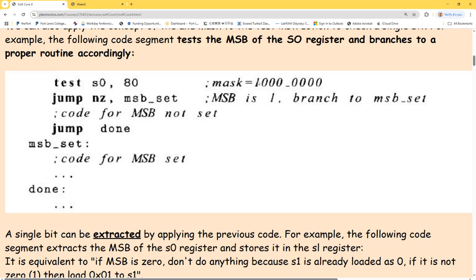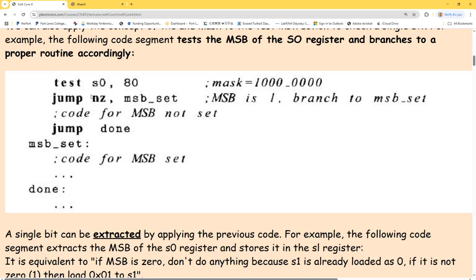Because this is 1, if S0's MSB is 0, it does an AND logic with this and the result will be all zeros, so the Z flag becomes 1. So if non-Z, which means the Z flag is not on, don't worry about that for now. But if the Z flag is on, done. Do nothing. Just done.